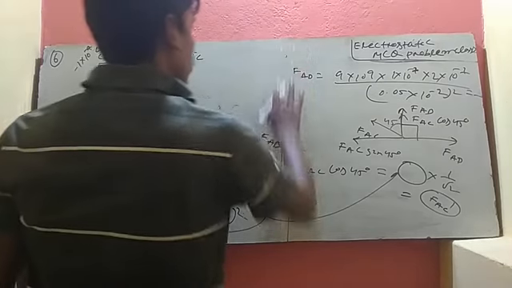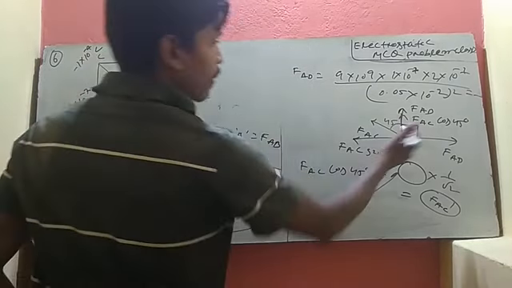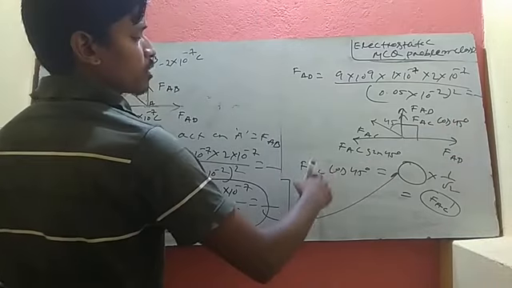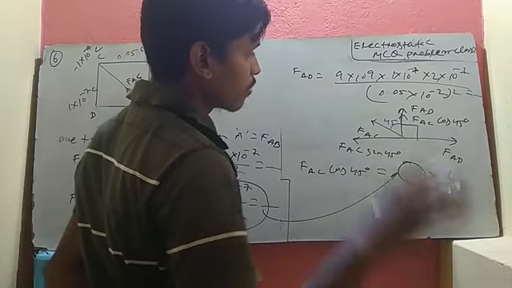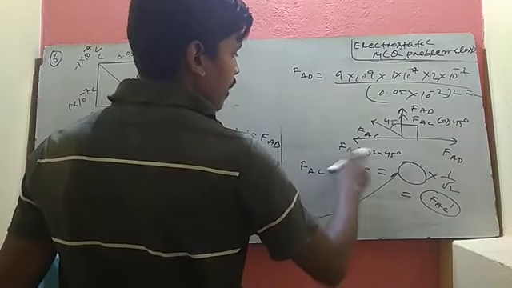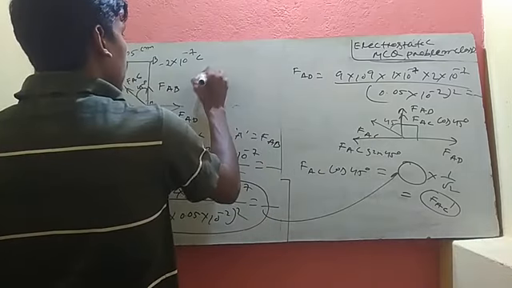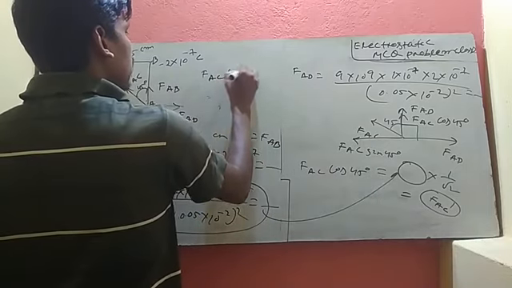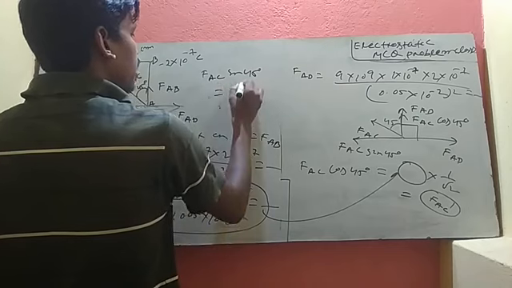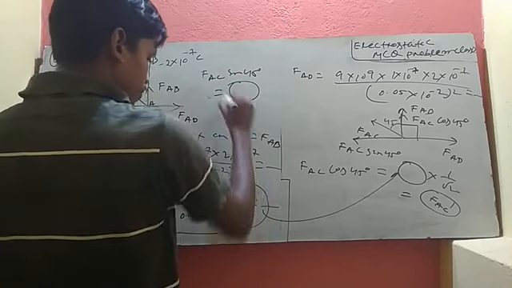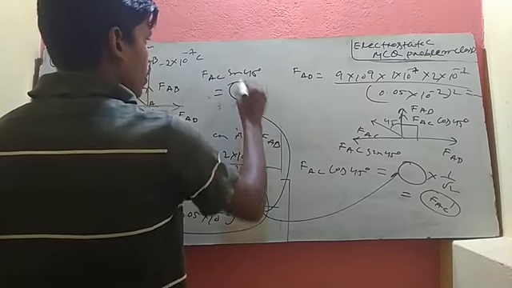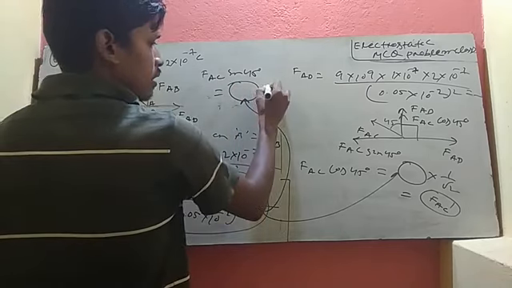Similarly, you can find FAC sin 45. FAC sin 45 is 1 by root 2.